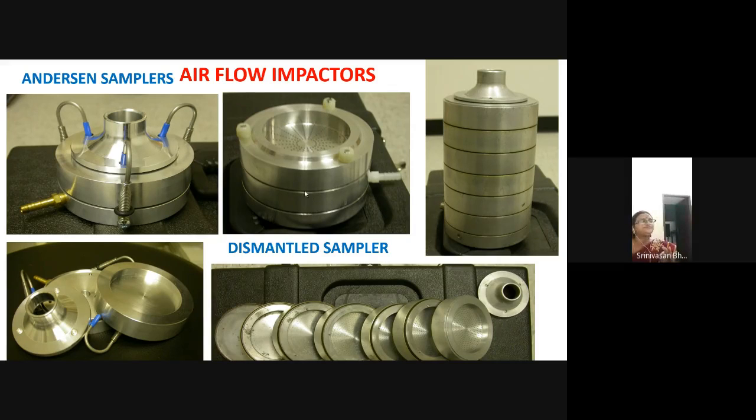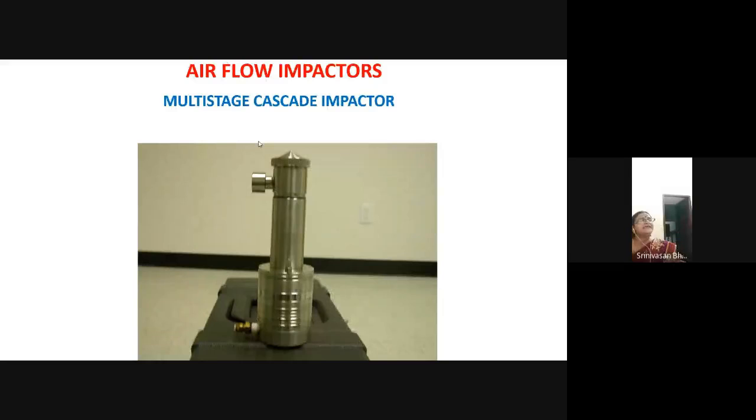Next is the cascade impactor, that is the multi-stage cascade impactor, which consists of radial slots. I have not shown you the dismantled one here.